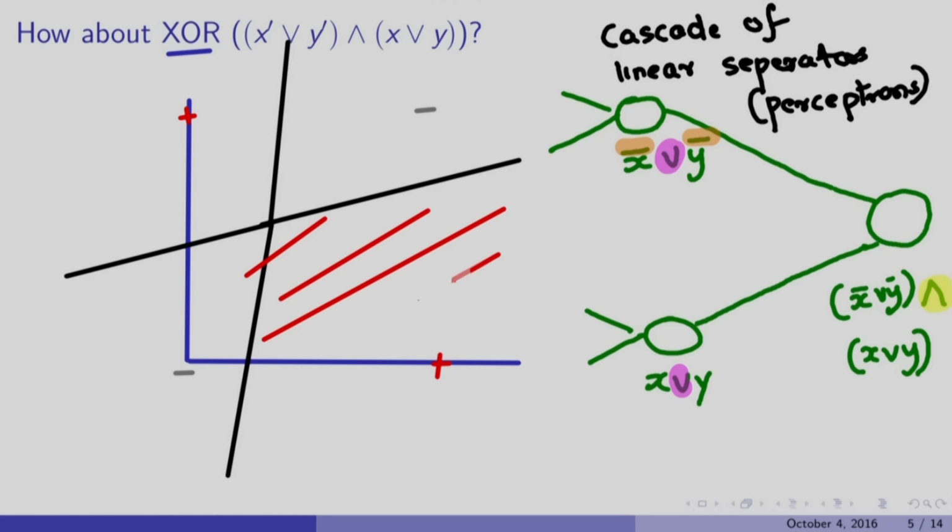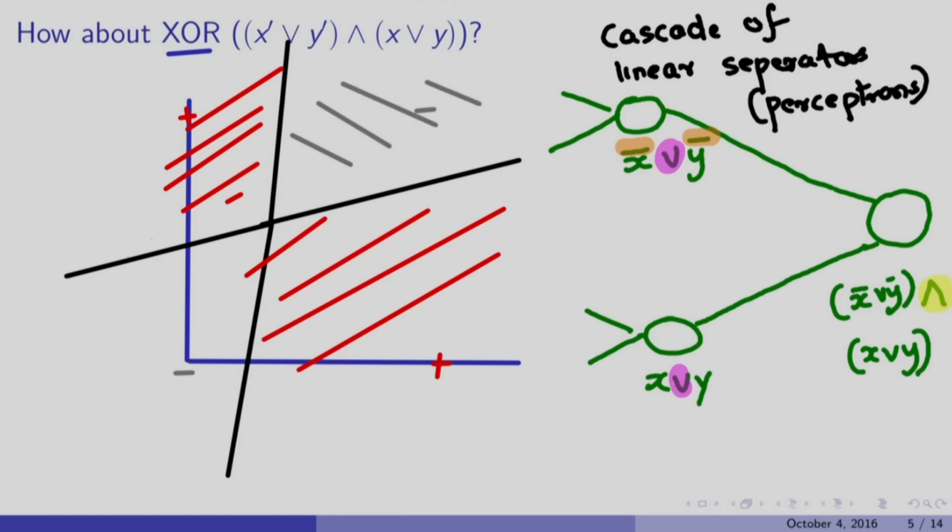So these two regions would be the region of positives, whereas these regions marked in grey would be the regions of negative. This architecture, which consists of a cascade of such linear separators, is precisely the neural network.